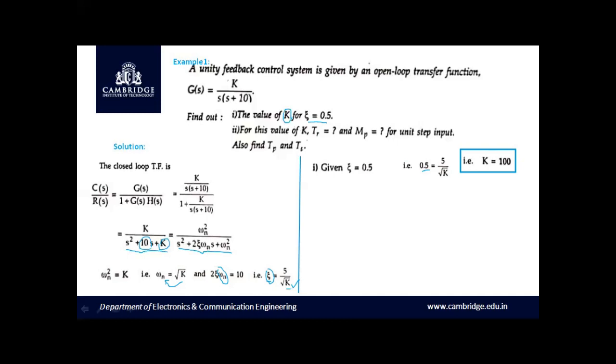Now for the value of K as 100, we have to find the rise time TR as well as maximum peak overshoot MP, followed by TP and TS. We know that omega d is equal to omega n into square root of 1 minus zeta square.